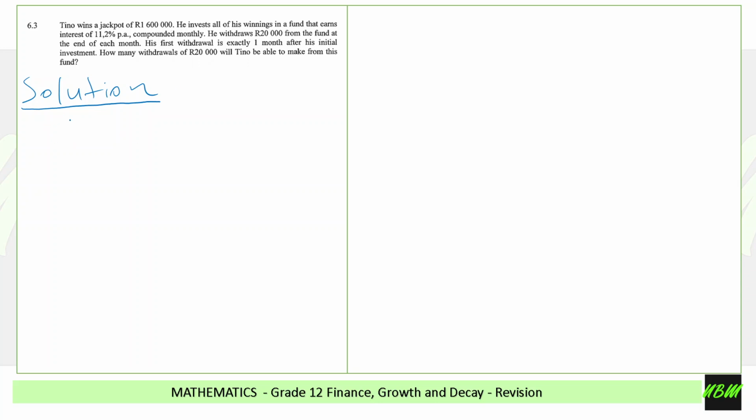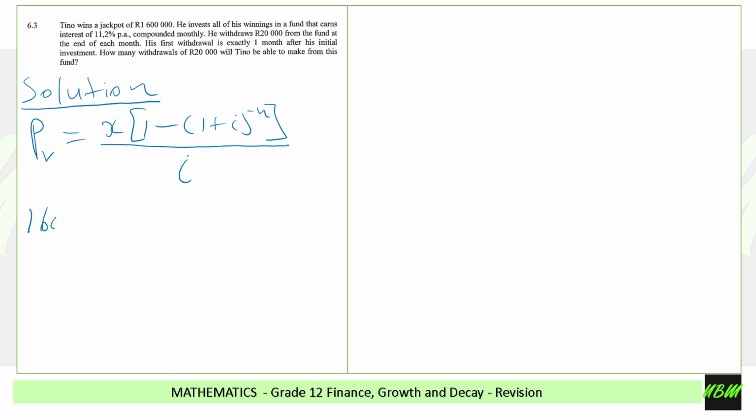Our formula: P is equal to PV, present value annuity, X multiplied by 1 minus (1 plus i) to the power minus n, close the bracket, all divided by i. So what is the loan amount?